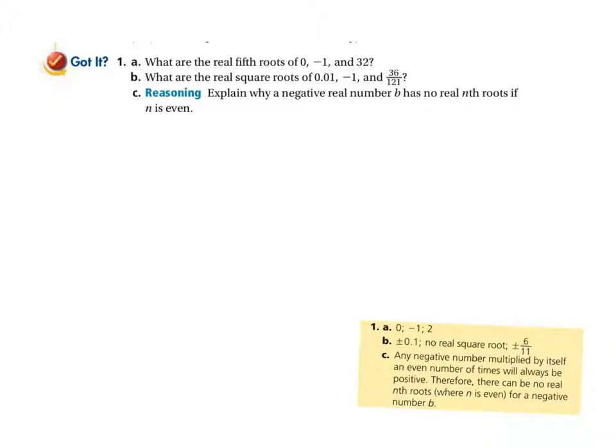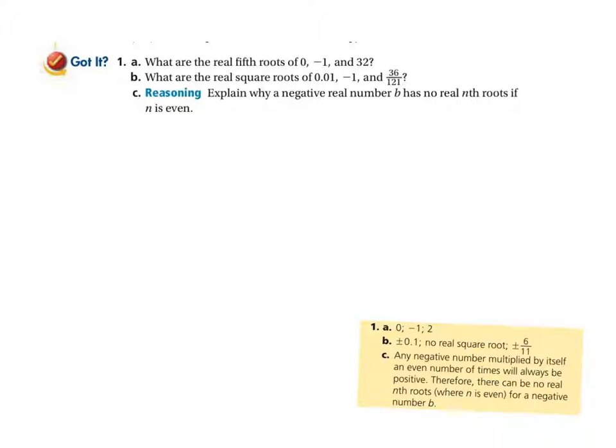Hopefully you're catching on to the idea here, the even and odd version of roots and how that plays into this. What are the real fifth roots of 0, negative 1, and 32? Well, 0 is its own real fifth root. That one's kind of nice, just like 1 would be.